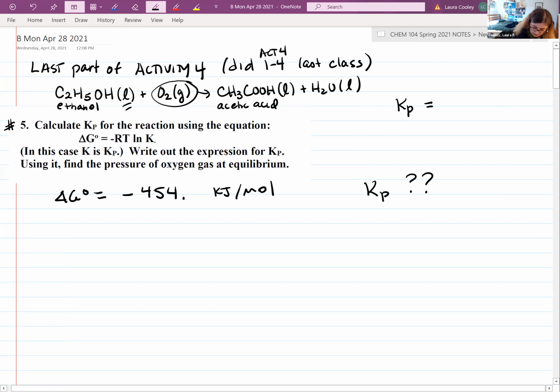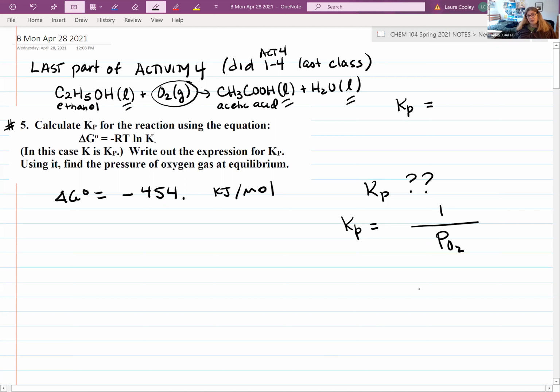These are all liquids. So what's the only thing that appears in the equilibrium constant? Oxygen. And where is it? Is it in the numerator or in the denominator? It's a reactant. Remember, K is products over reactants. So it's in the denominator. Oh, that's right. So it's just 1 over PO2.